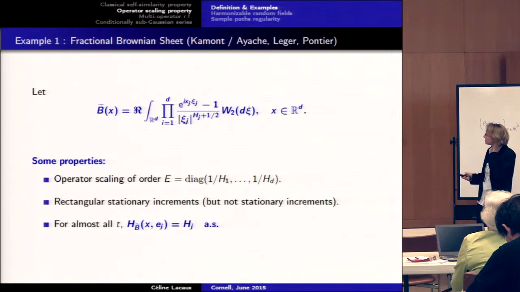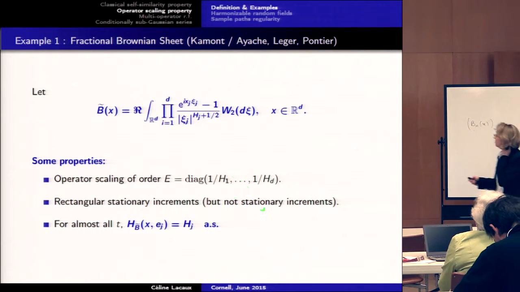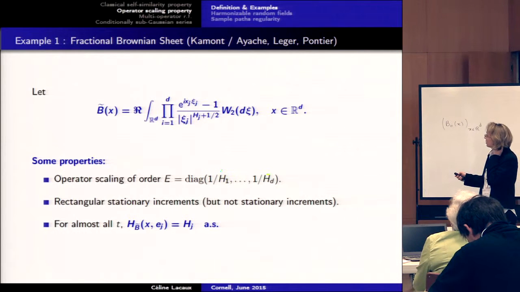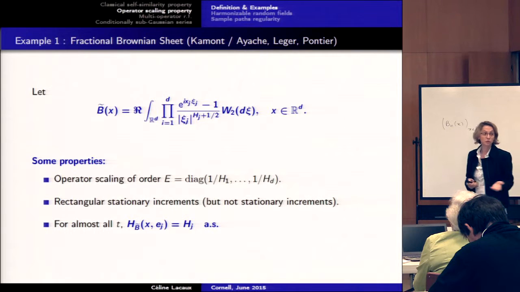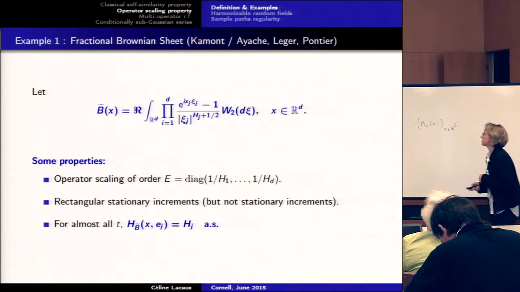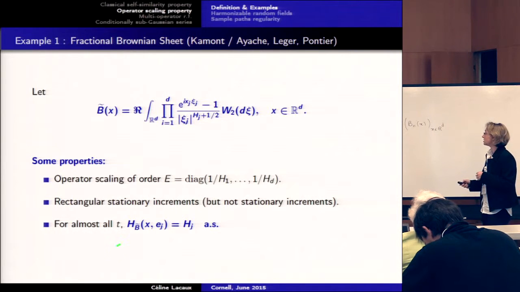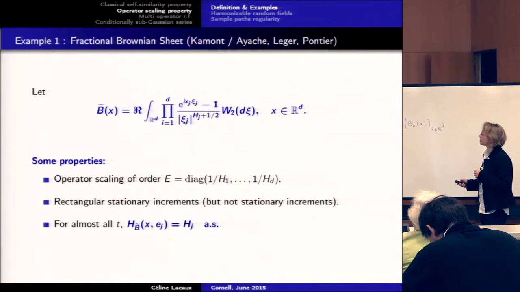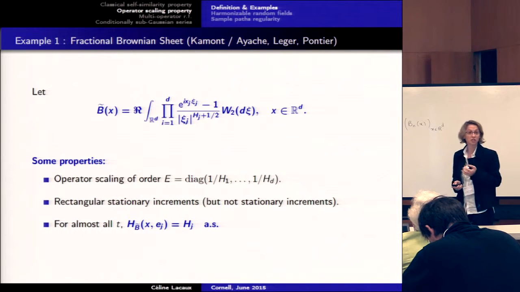Then you can check that the fractional Gaussian sheet is operator scaling, and the order is given by a diagonal matrix with the value 1 over H_j on the diagonal. This example does not have stationary increments, but rectangular stationary increments. And it is known that the pointwise exponent in direction j is equal to H_j.